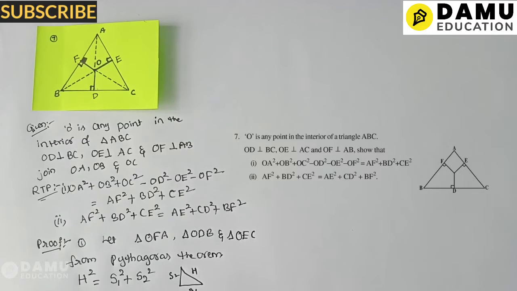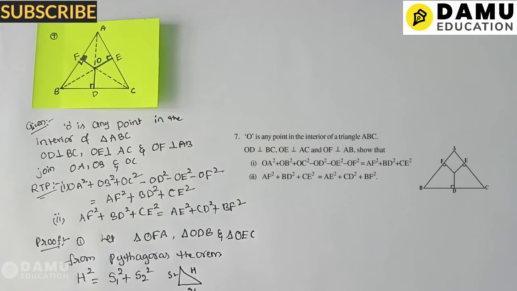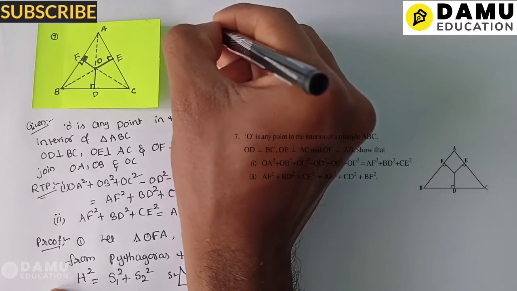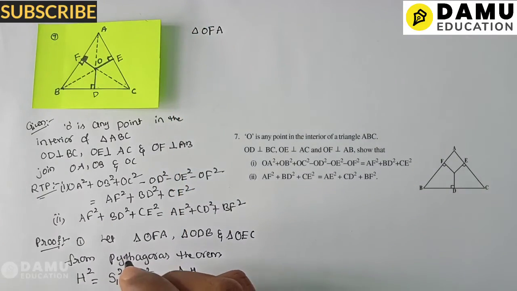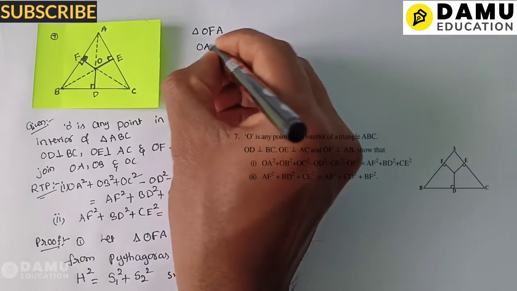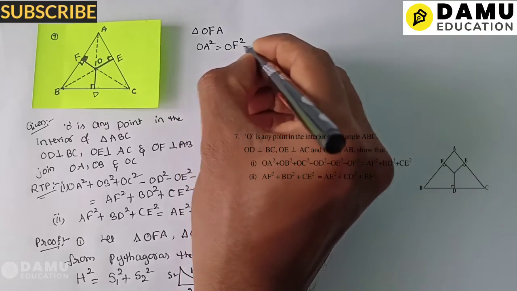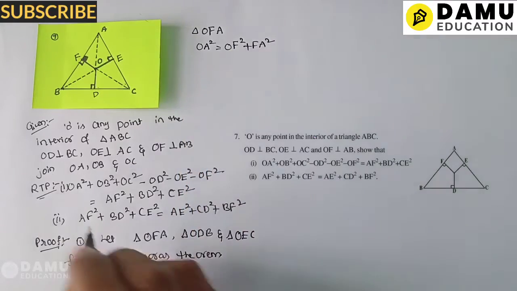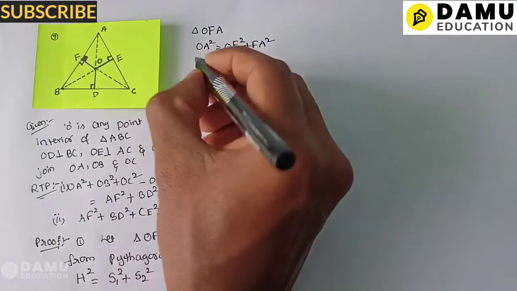So based on these conditions, now we'll explain. From Pythagoras theorem, from triangle OFA, you can write hypotenuse square will be equal to, what is that? OA square, this is the hypotenuse, OA square will be equal to OF square plus FA square. Can you write it like this or not? Yes. OF square plus FA square.